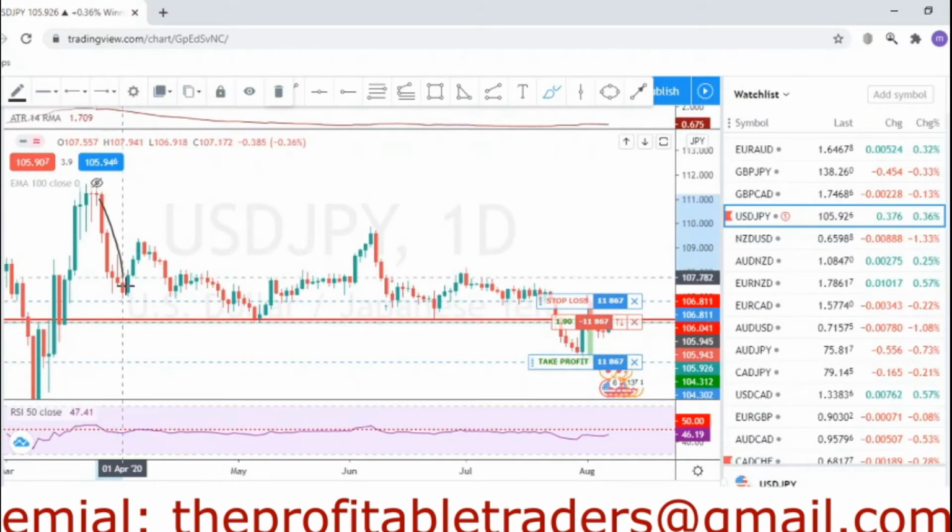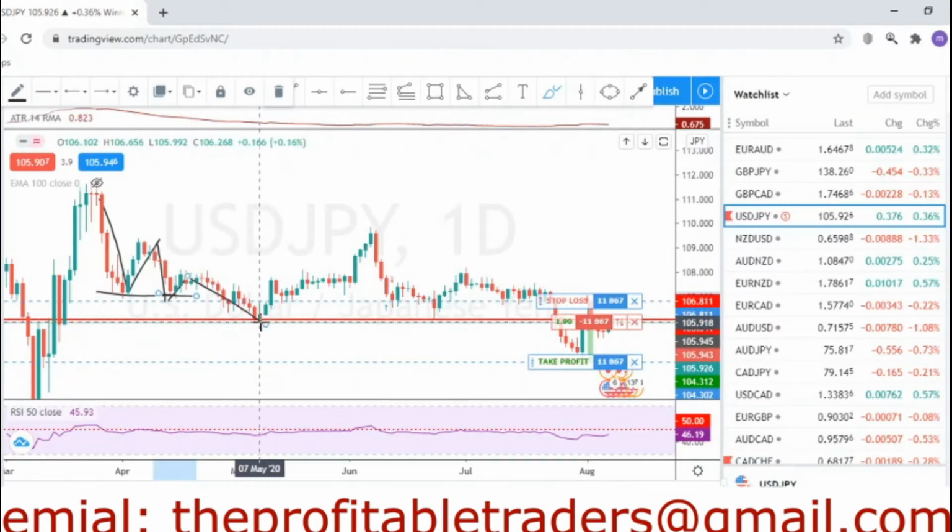The market came here, broke below this support level, then again broke below this support level. Then this to me was a downtrend according to my price action strategy.